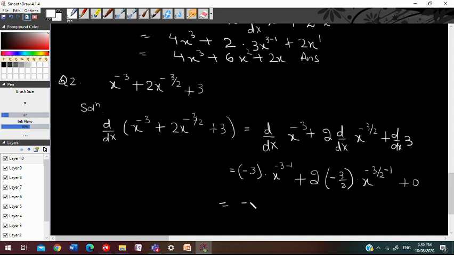Then minus 3 into x power minus 4, plus minus 3, and the 2 and 2 cancel each other, then 3x minus 3 and minus 5 by 2. This is your answer. That's it.